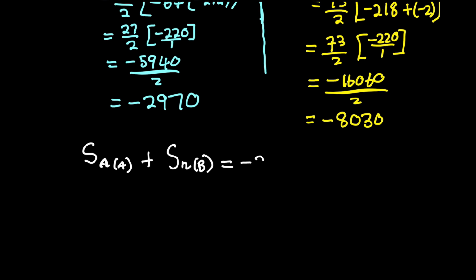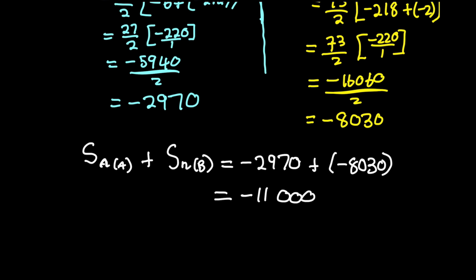It's negative 2,970 plus negative 8,030, because that's what they asked us to do, to find the sum of all these series, evaluate. So our final answer is going to be negative 11,000. Okay, there we go.